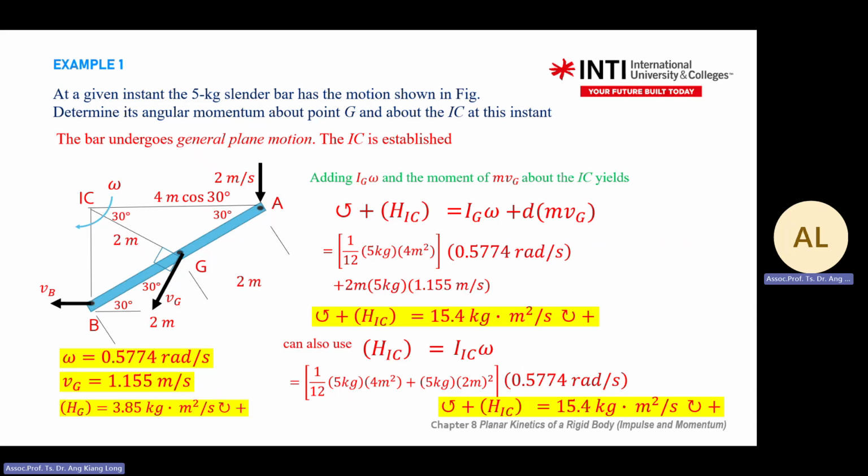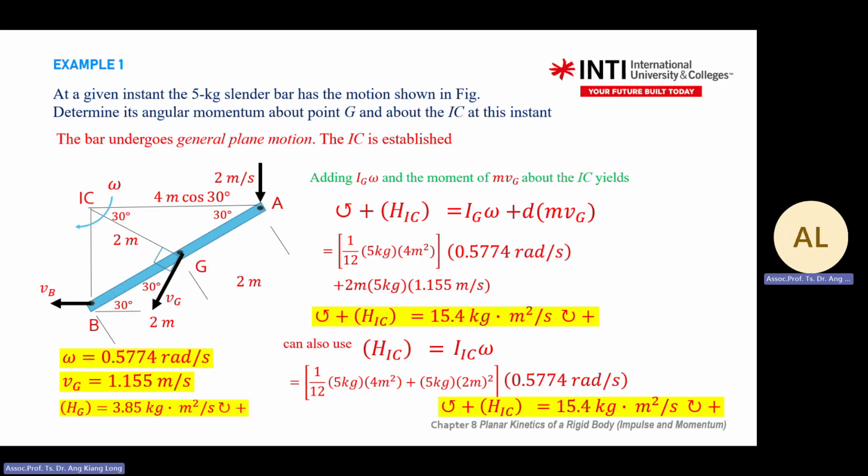When you substitute I equals IG plus m d squared, your d is 2 meters, then you get 15.4 kilogram meter squared per second. So I just put them side by side to let you know the difference if the question asks you directly on the center of mass, and if it asks you at a certain point away from the object. It's still using H equals I omega.